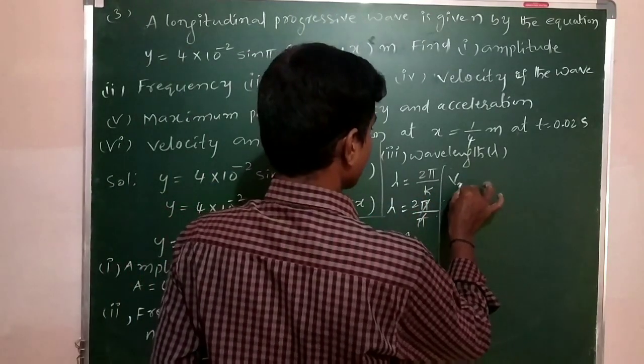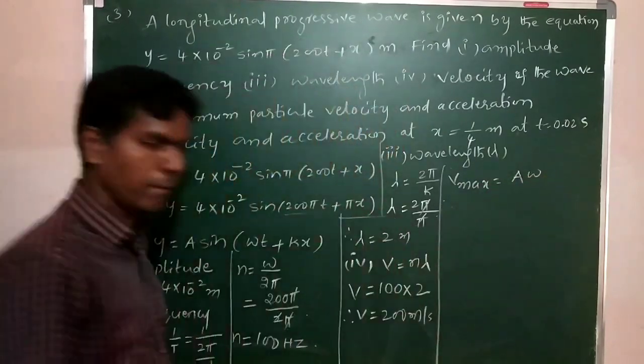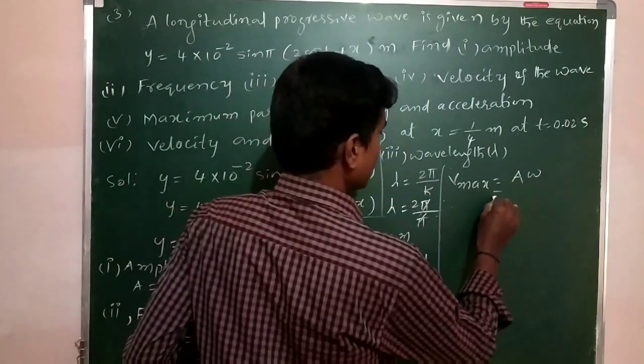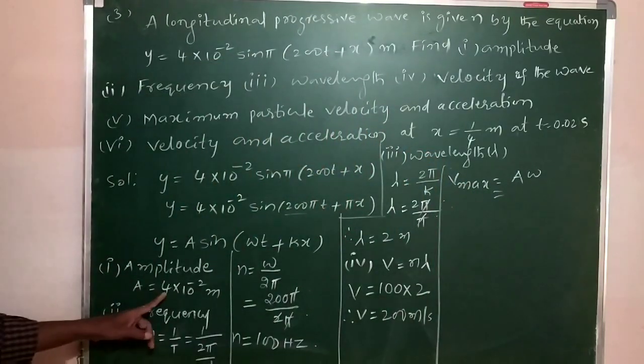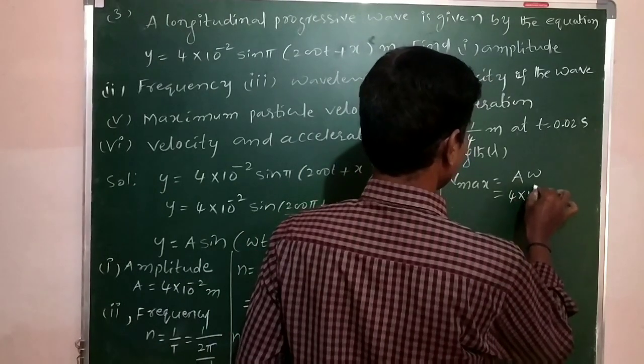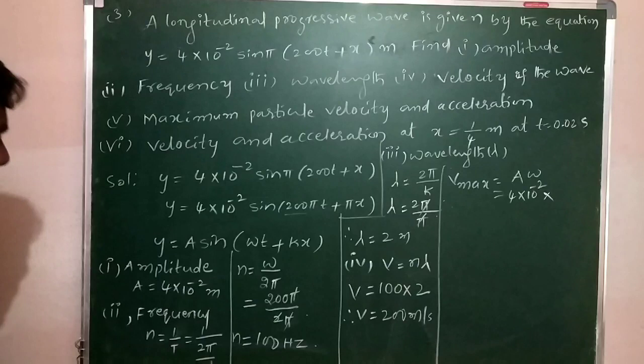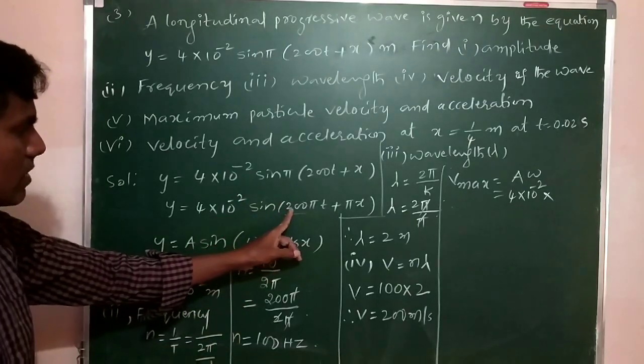Next one is maximum particle velocity and acceleration. V maximum is equal to A omega. So what is amplitude? The amplitude is 4 into 10 power minus 2, into what is omega value? Omega value is 200 pi.